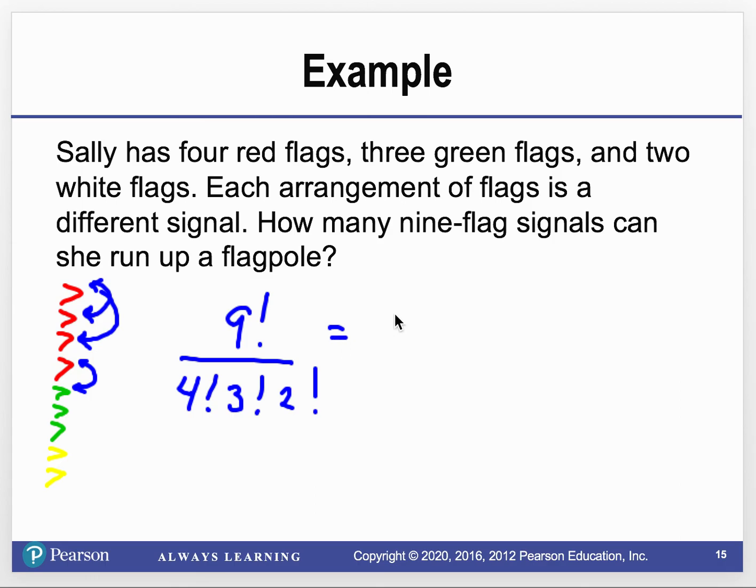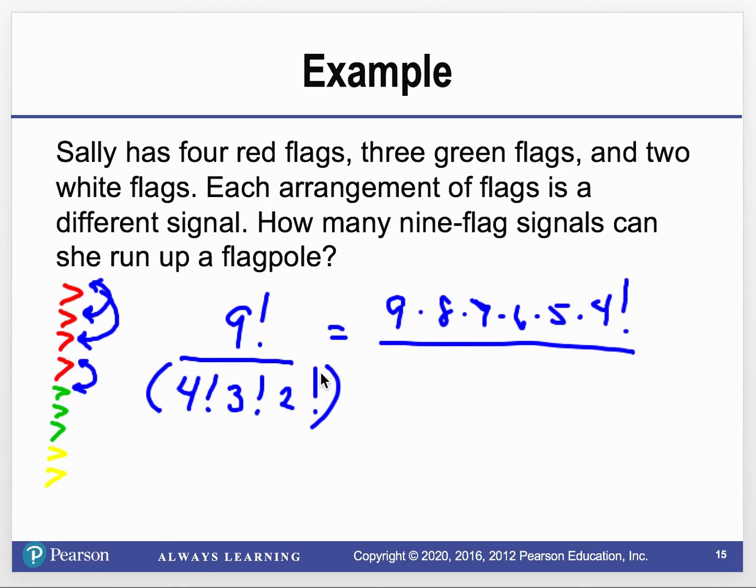So I can either enter all that in my calculator, putting parentheses, or I can say 9 times 8 times 7 times 6 times 5 times 4 factorial, because I've got one right there that'll cancel, but then times 3 times 2 times 1 times 2 times 1. So that'll cancel.